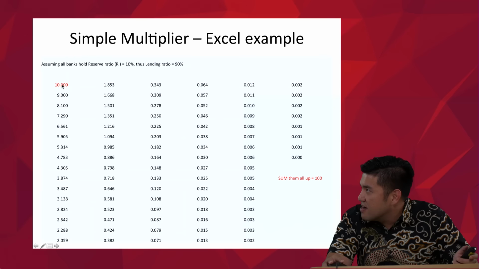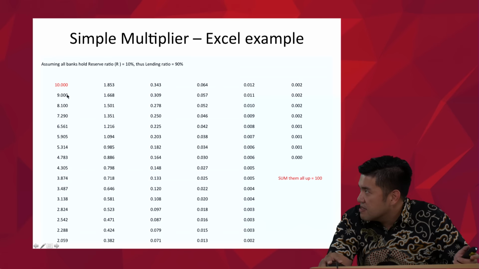If you have a $10 deposit, the initial deposit is $10. What is going to happen, guys? The bank will put aside $1. Okay, and $9 becomes a loan to someone else that will be deposited into his bank. So a $9 deposit is going to be created in the second round.